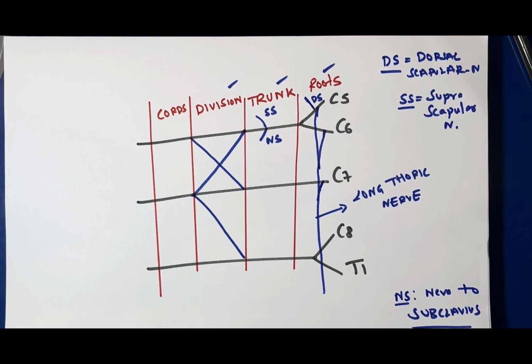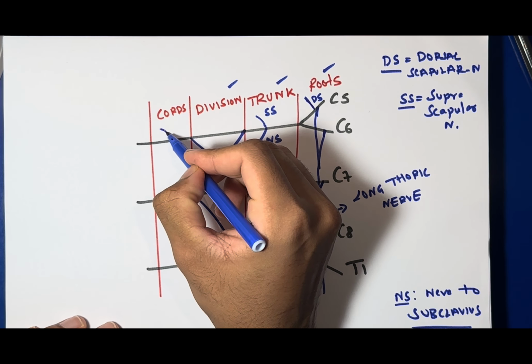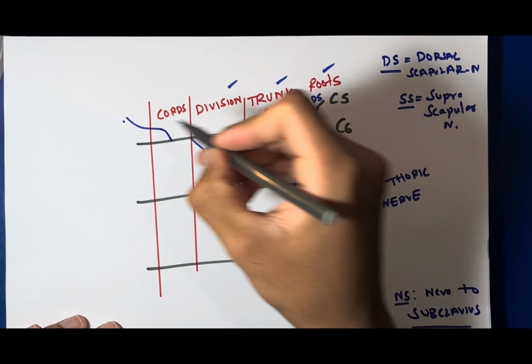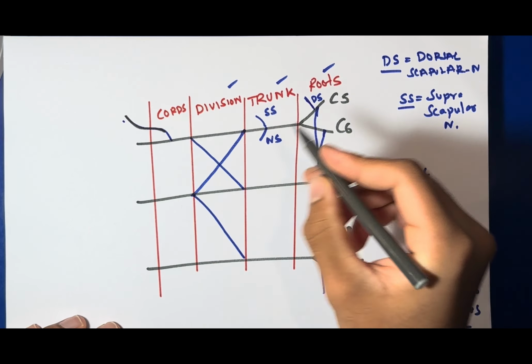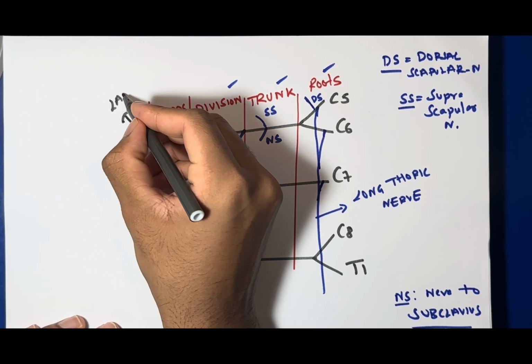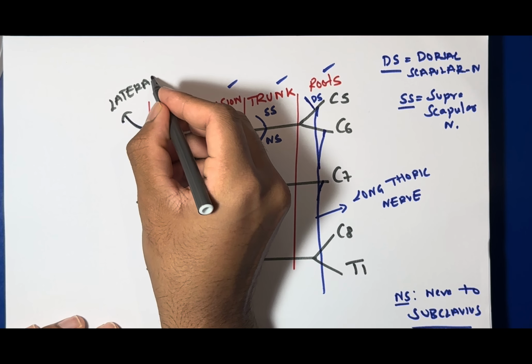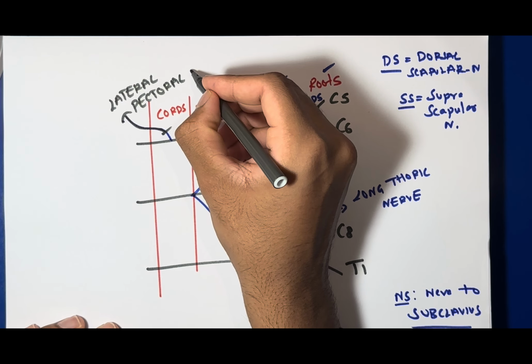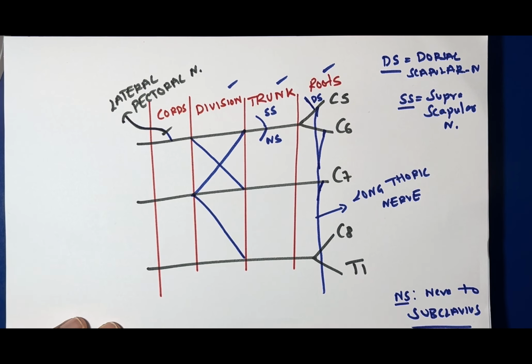Finally comes the cords. From cords, you have lateral pectoral nerve. Okay, I'll just point it out with the other color, you'll get confused. Lateral pectoral nerve. N is nerve. Remember.